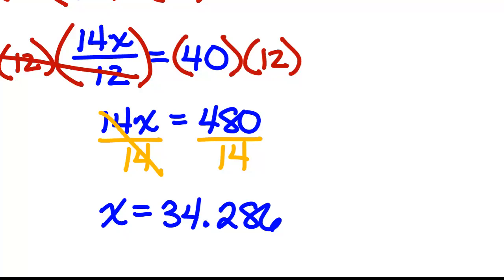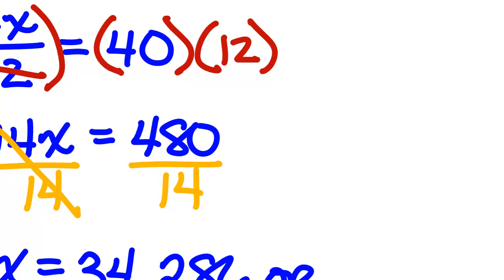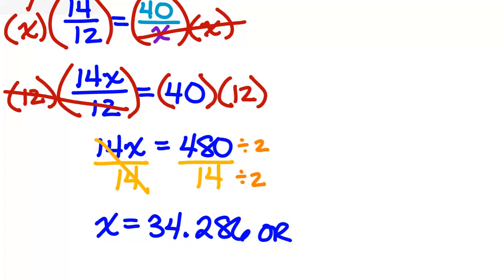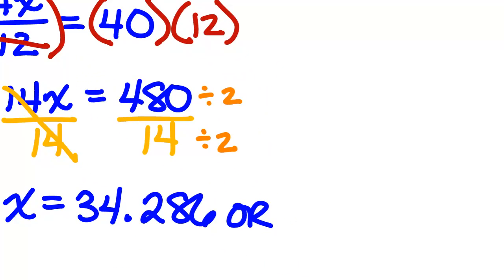What about if the directions had asked us to leave this in fraction form? That means I would need to reduce this fraction down. Can you guys see anything that'll go into both 480 and 14? 2 would go into both of them. What is 480 divided by 2? 240.